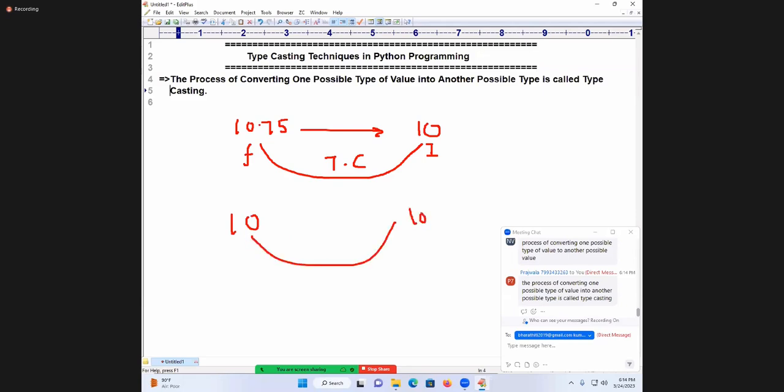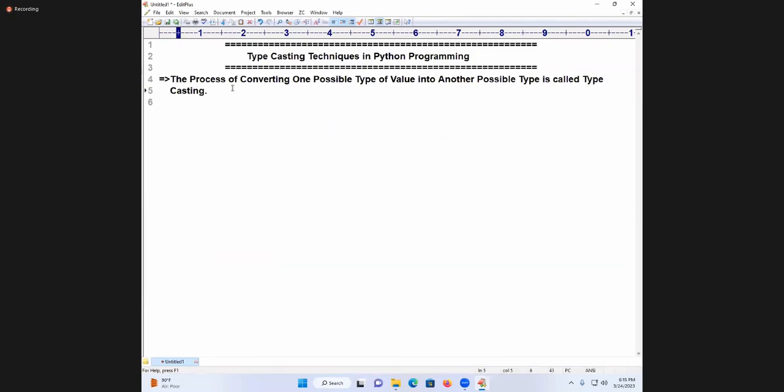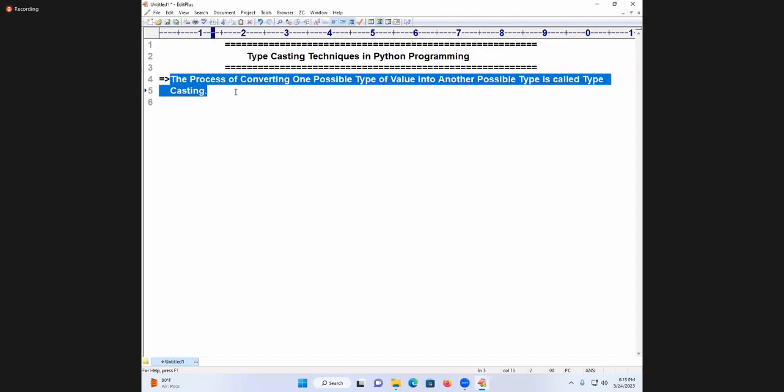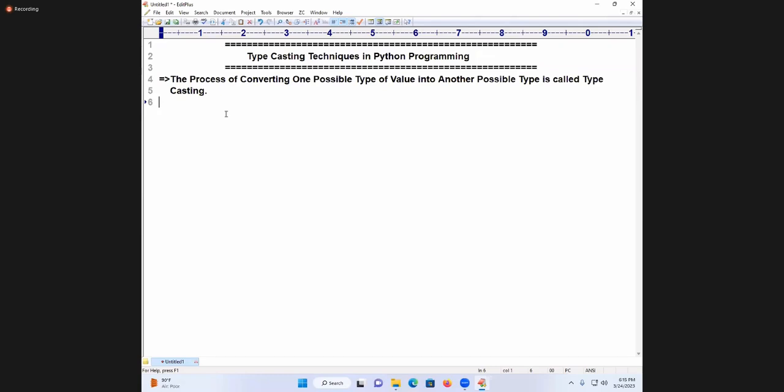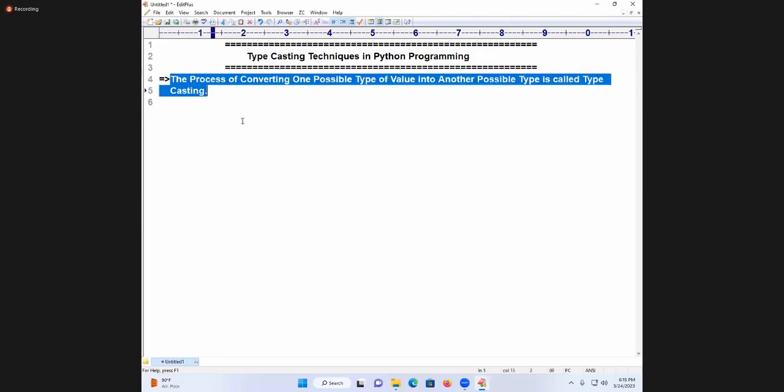Int. That I want to represent as 0, 0. What is this type? Int. This is also called typecasting. Are you getting my point? After the topic is completed, I will repeat the same point again so that you will understand it. Did you understand this point?